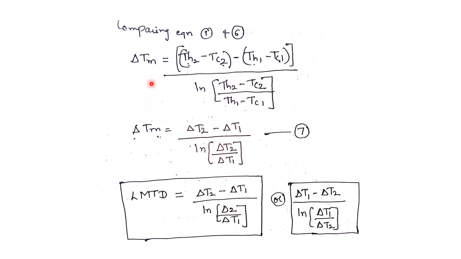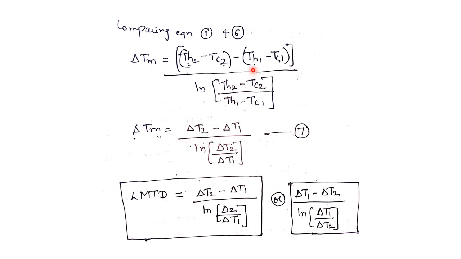Now delta Tm is equal to this, where TH2 minus TC2 is replaced by delta T2 and TH1 minus TC1 is replaced by delta T1, because in the sketch we have already explained that the difference in temperatures of the hot fluid and the cold fluid at the exit of the heat exchanger is given by delta T2, which is shown in the graph.